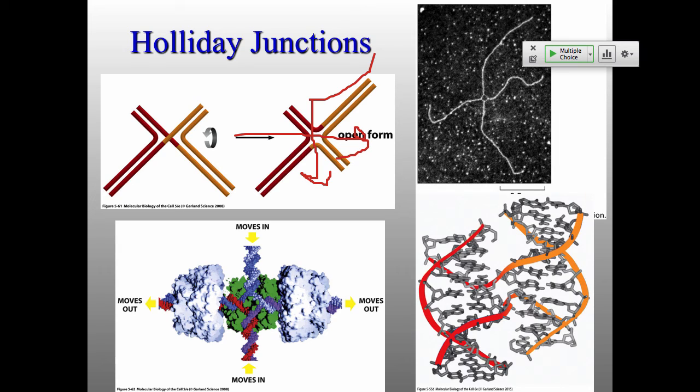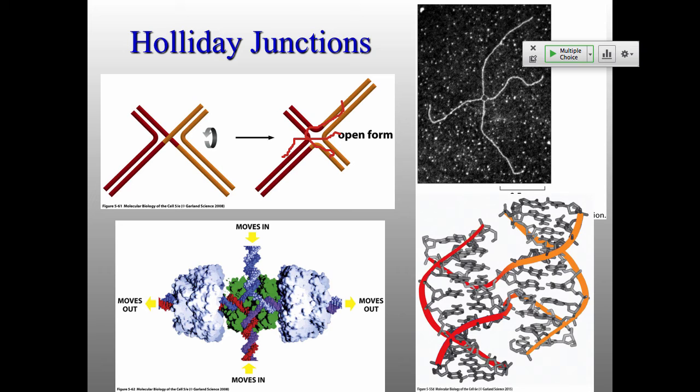And what that means is that you can hook up either this piece to that piece, offset here. So you've got yellow going to yellow, or just as easily, you could hook up this piece here, where now you've got yellow going down to red. And again, this is a completely symmetrical structure. So your Holliday junction resolvase can cut and link going one way, can cut and link going the other way.